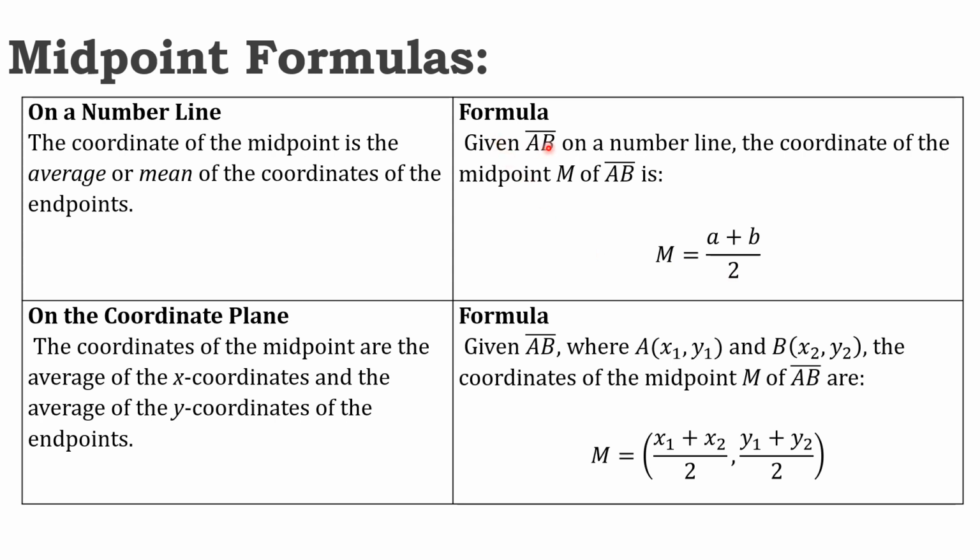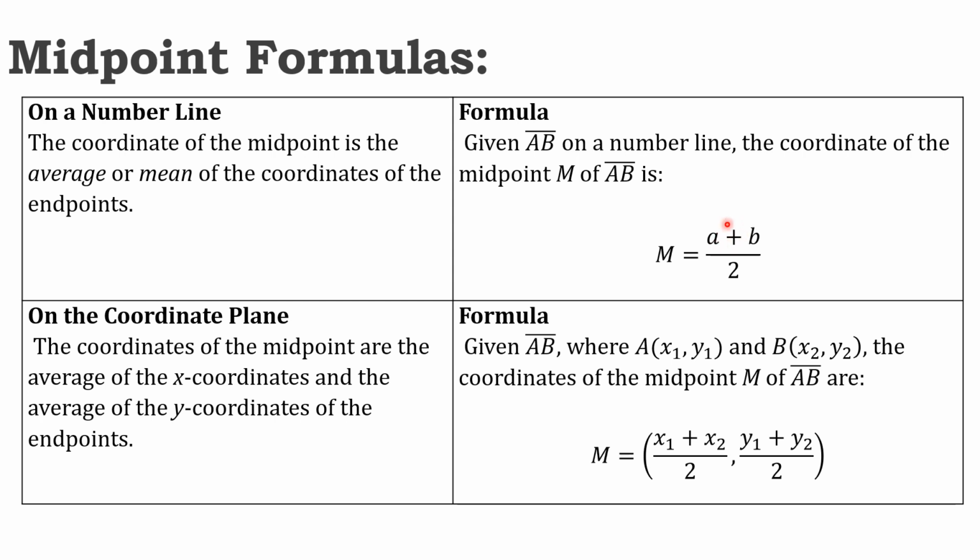So given the line segment AB on a number line, the coordinate of the midpoint M of the line segment AB is midpoint equals first coordinate plus second coordinate divided by 2.